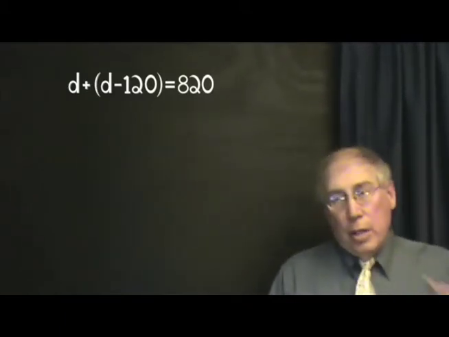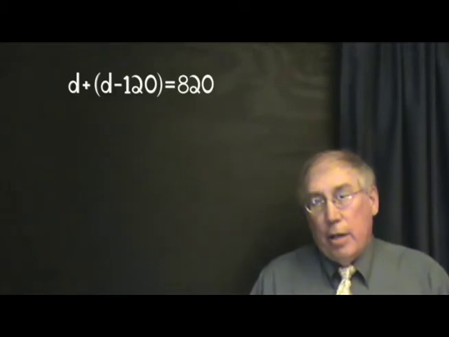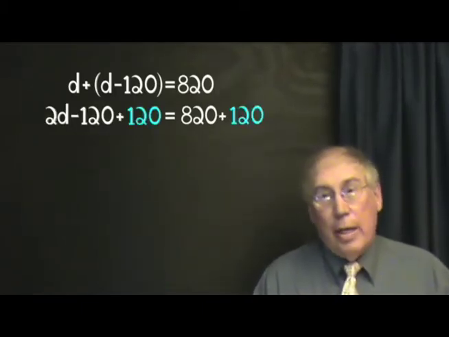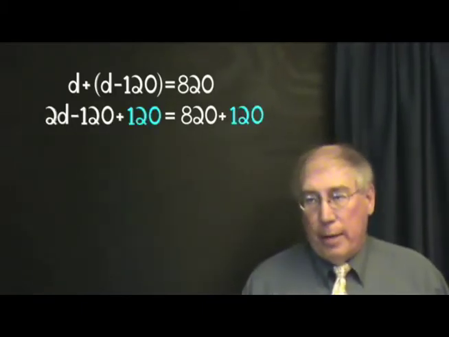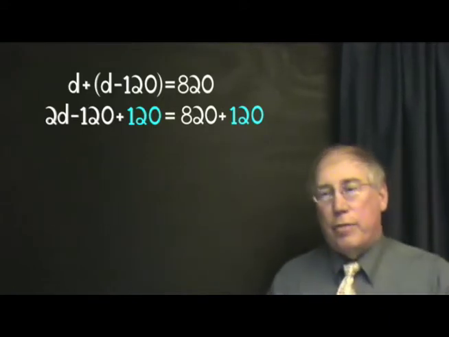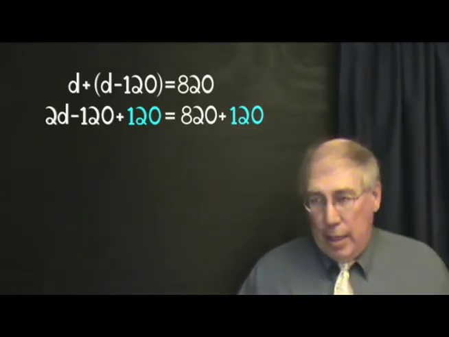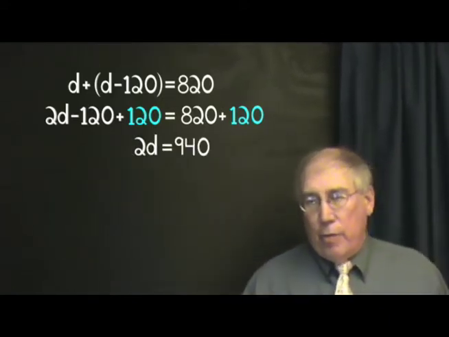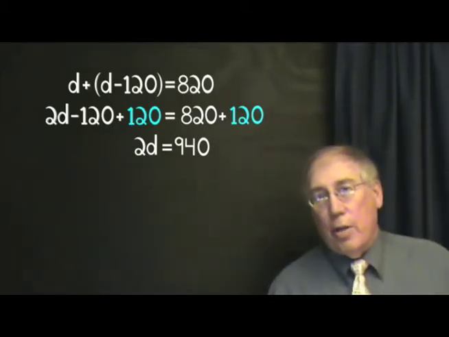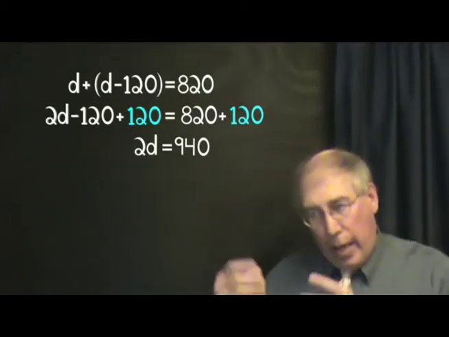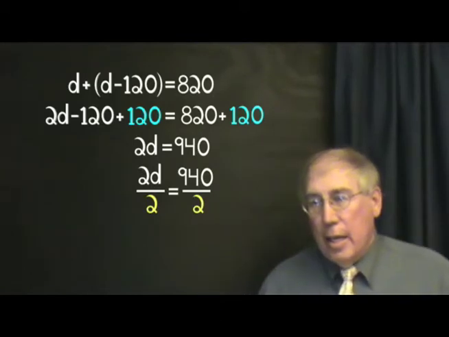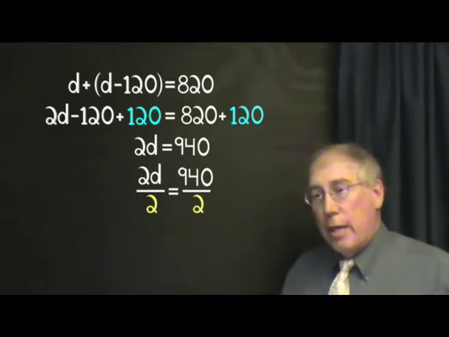So what we could do is add the two mileages together, d and d minus 120, set it equal to 820. So we have two d's there, so we can just say 2d. Now let's get rid of the negative 120 on the left hand side. So we'll add 120 to both sides, and then we get 2d equals 940.